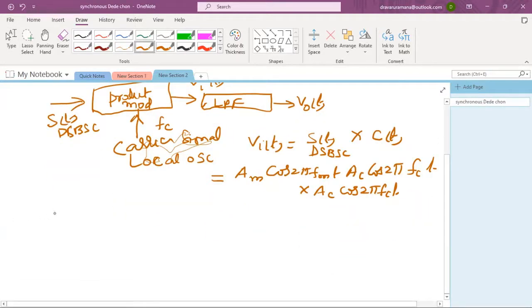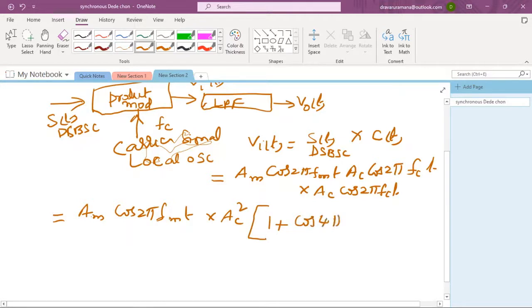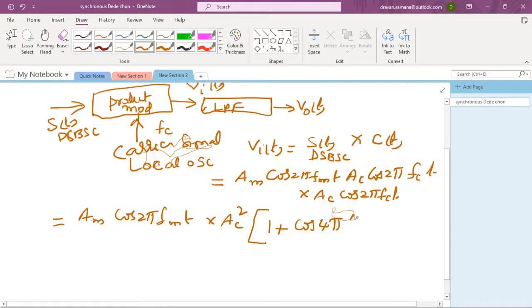So it is just equal to Am cos 2 pi fm t, which is nothing but m(t), multiplied by Ac cos 2 pi fc t, Ac cos 2 pi fc t. So we are getting Ac square cos square 2 pi fc t. Cos square 2 pi fc t is nothing but 1 plus cos 4 pi fc t divided by 2.